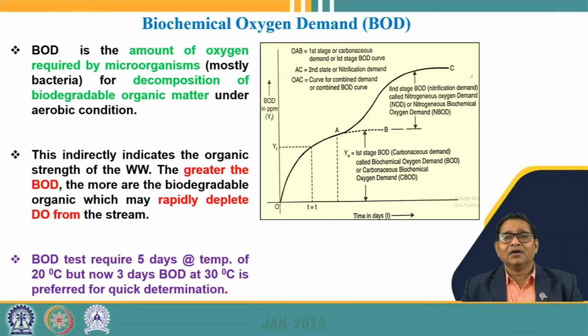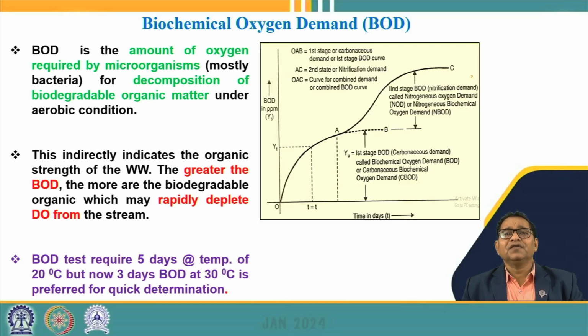This is the biological oxygen demand (BOD). It's a very common parameter in industrial wastewater and is basically the amount of oxygen required by microorganisms for decomposition of biodegradable organic matter present in the wastewater, especially under aerobic conditions. So this indirectly indicates the organic strength of the wastewater.